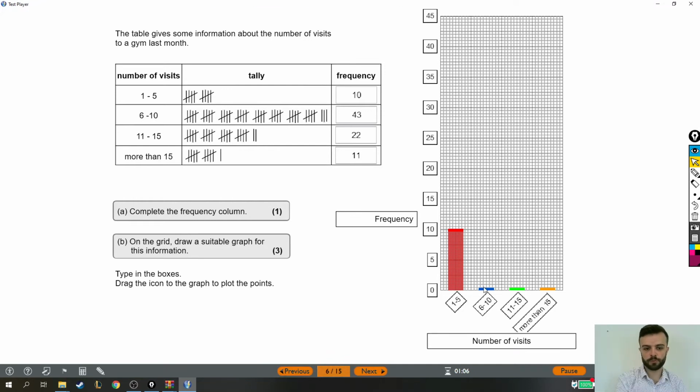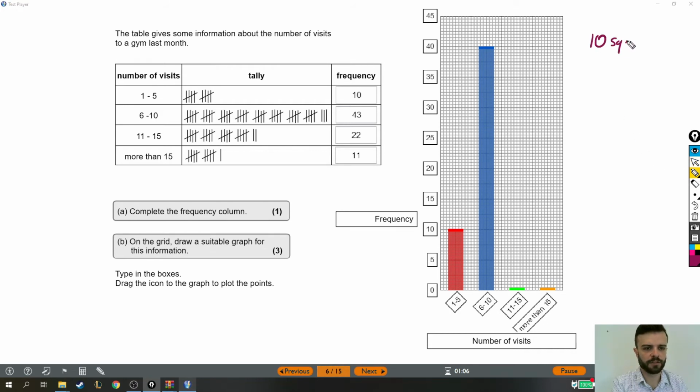The next one goes all the way up to 43. Now 43 is a little tricky because it's between 40 and 45. Now the number of squares between 40 and 45 is 10. There are 10 squares there. But if those 10 squares represent 5 in frequency, then 2 squares must be 1. Let me just explain that really quick.